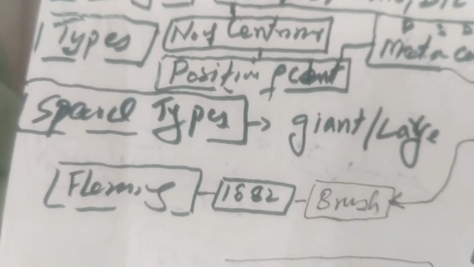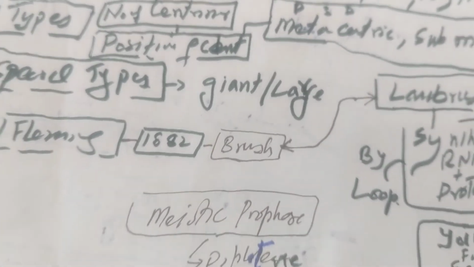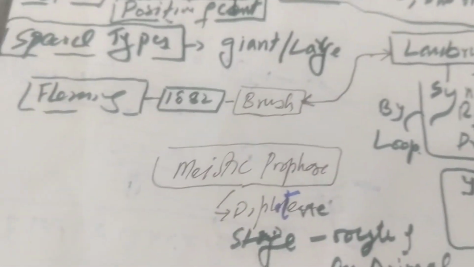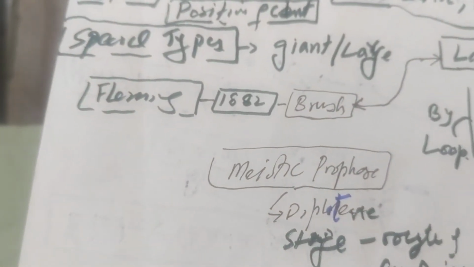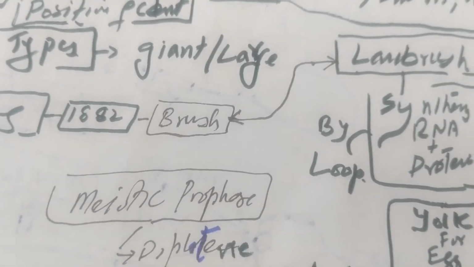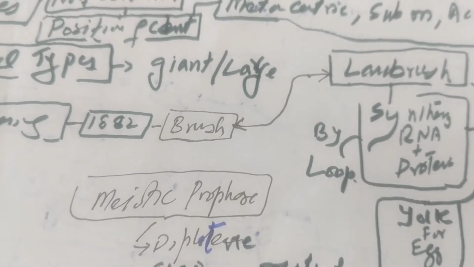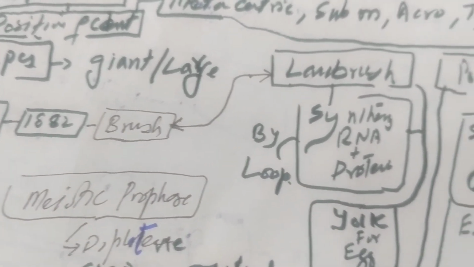So now the special types of chromosomes are two types. They are also called giant or large chromosomes. One is lampbrush and the other is polytene. Lampbrush was first discovered by Flemming in 1882. It is called lampbrush due to its brush-like shape.